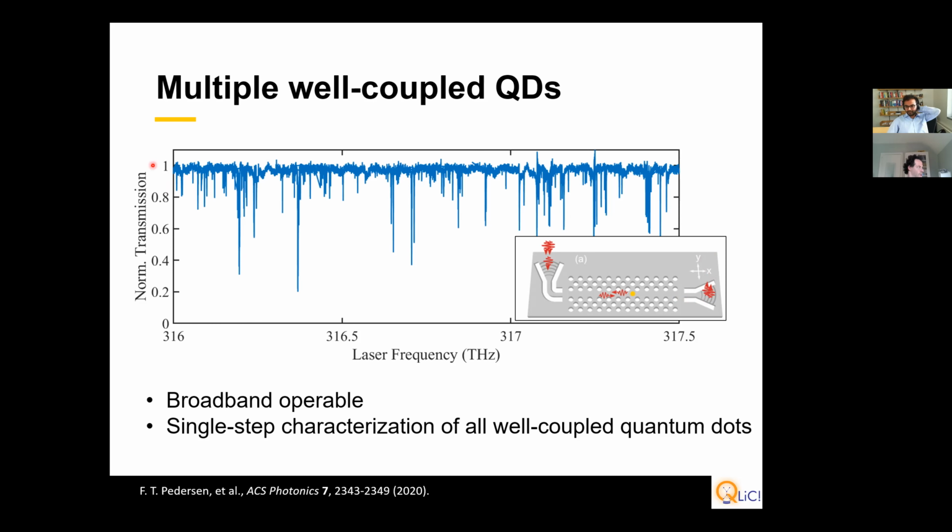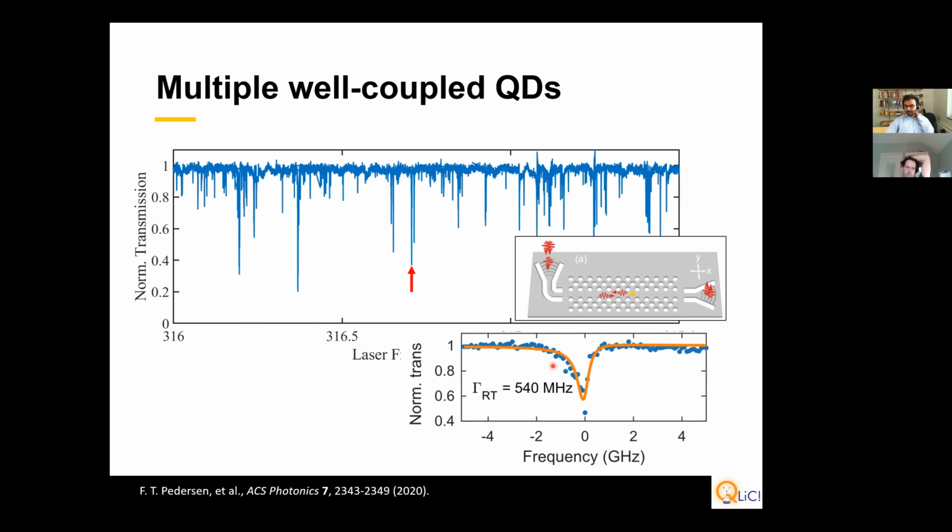A typical trace looks like this. You have several of these dips. While they look like noise, it's just because I'm scanning a very broad range. Each of these dips that you see corresponds to a single quantum dot transition.